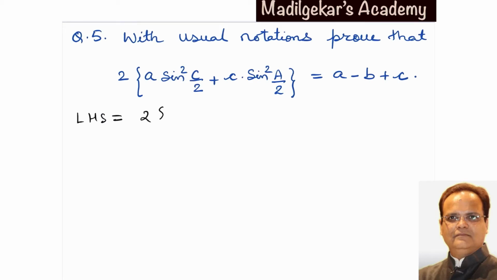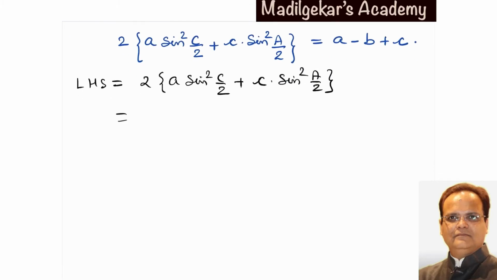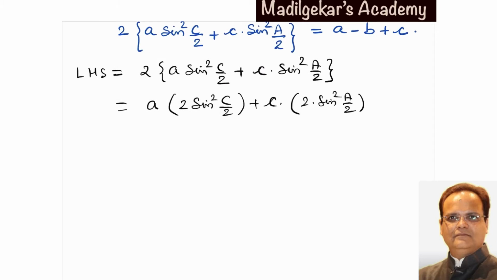It is 2 into (a sine square C by 2 plus c sine square A by 2), multiply bracket by 2. So it is a into 2 sine square C by 2 plus c into 2 sine square A by 2. We have half angle formula.